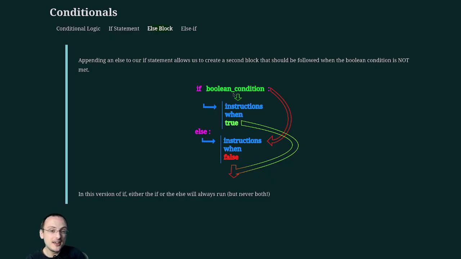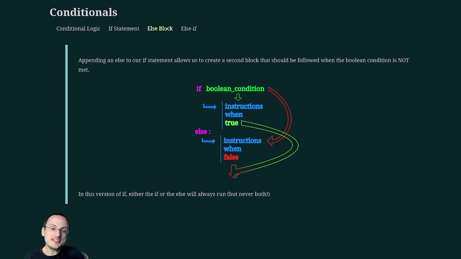If it's met, then we're going to keep going through this first block, and at the end of this block, when we get to an unindented line, we skip the else and go to where they join up. Otherwise, if we're coming from the top, we hit this expression, and the expression is false, then we skip the first block, go to the second block, and then we're at the bottom, so we join up.